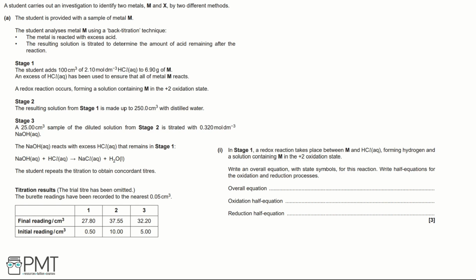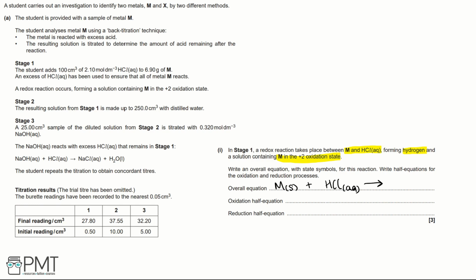So, starting with the overall equation, we know that we have M and HCl, or hydrochloric acid, reacting together to form hydrogen and a solution with M in the 2+ oxidation state. So our reactants are pretty straightforward. We have M as a solid because it's a metal, and then we have hydrochloric acid, which will be aqueous.